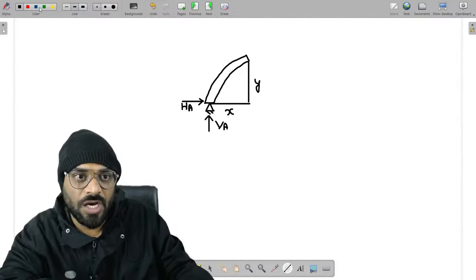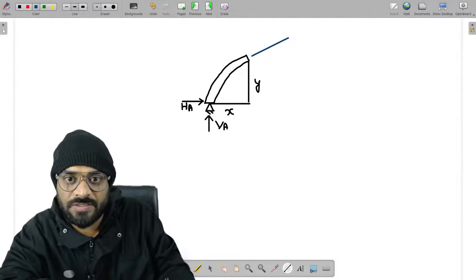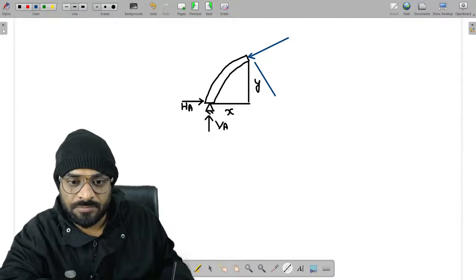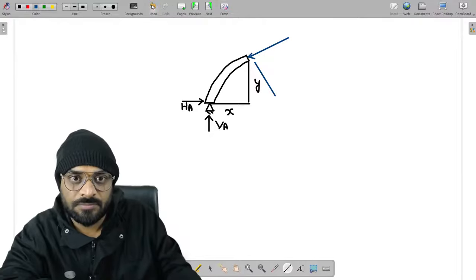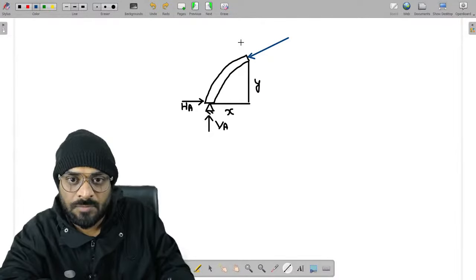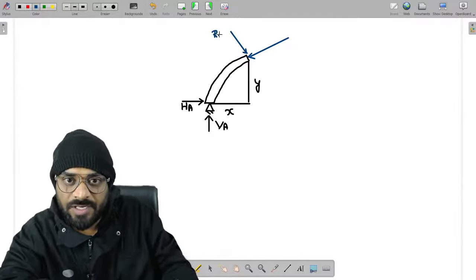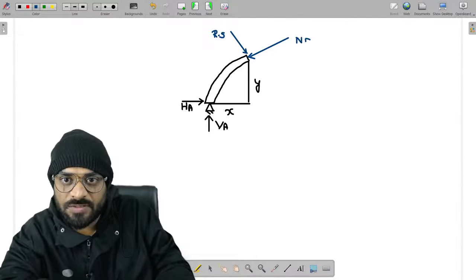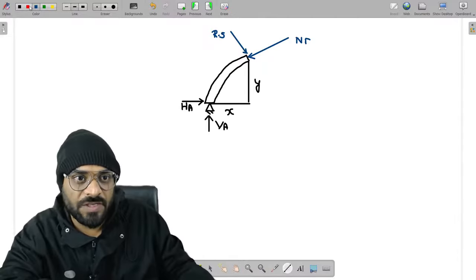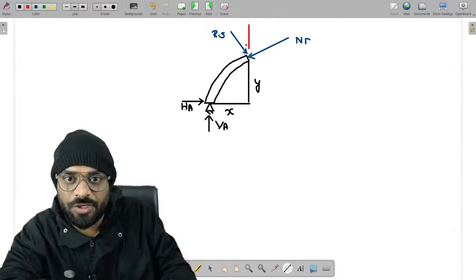Now guys, you have to represent the normal thrust in this direction, and the radial shear should be like this. This is our radial shear. This is our normal thrust. Now you have to find out the two components of forces.